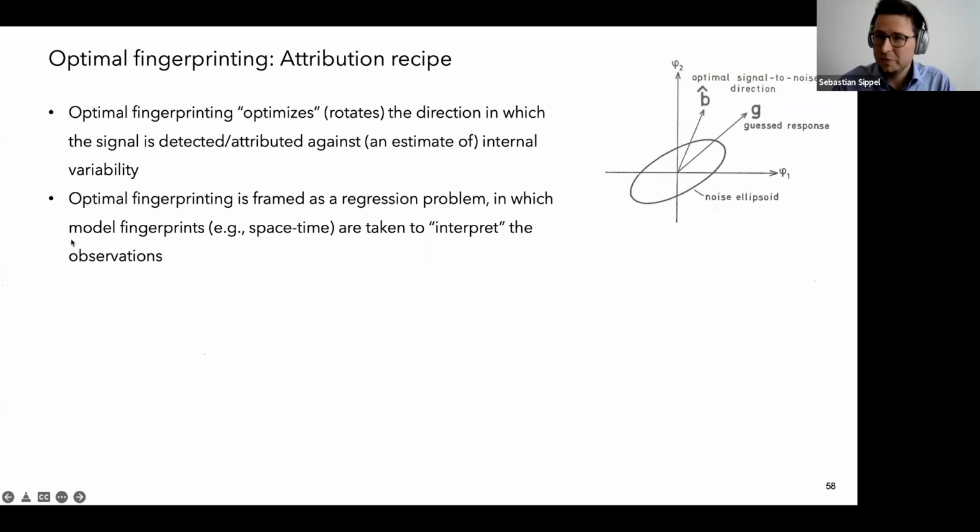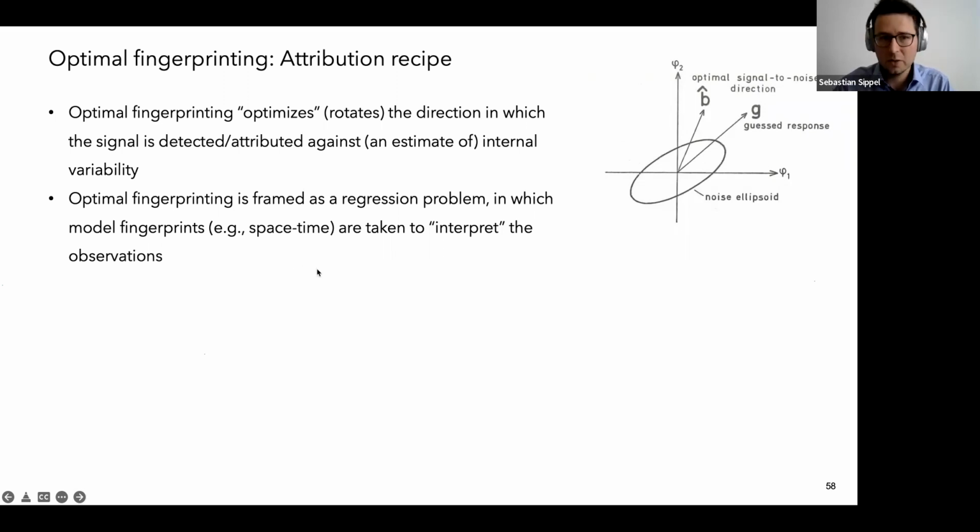Now, the way optimal fingerprinting is framed in the literature of the last 20 years or so is as a regression problem, in which these model fingerprints, for example space-time fingerprints or spatial fingerprints, are used as predictors in a linear regression model to interpret the observations.